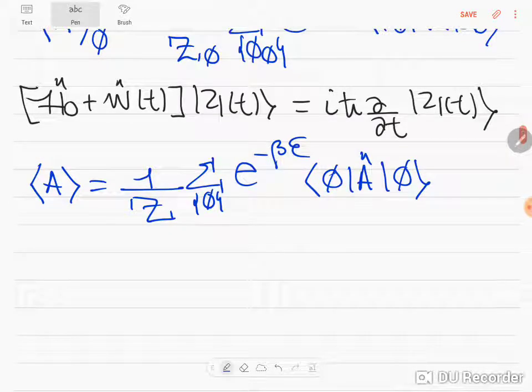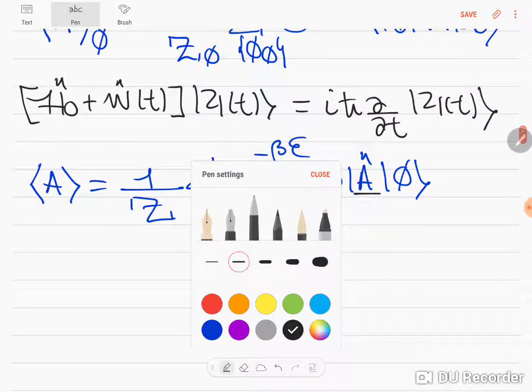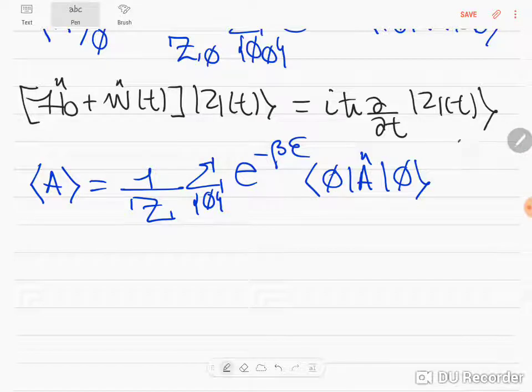This is the assumed knowledge for what we're going to do. This is equation 2, and now we will consider the following.